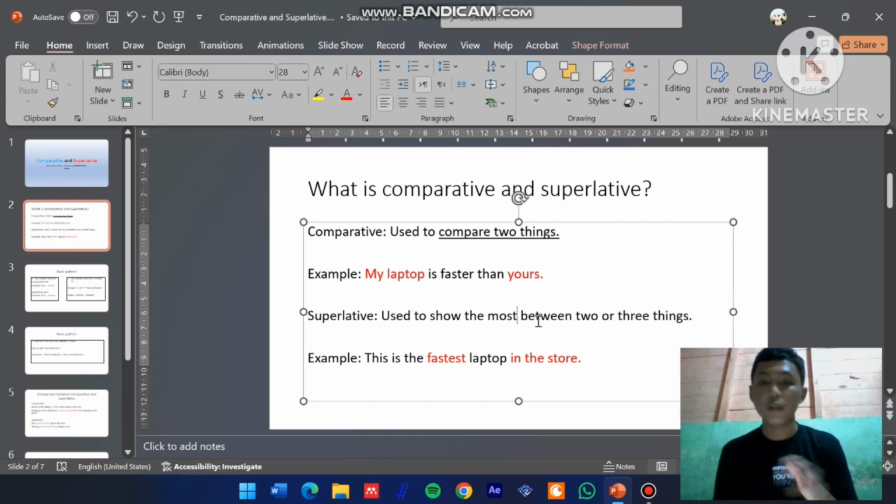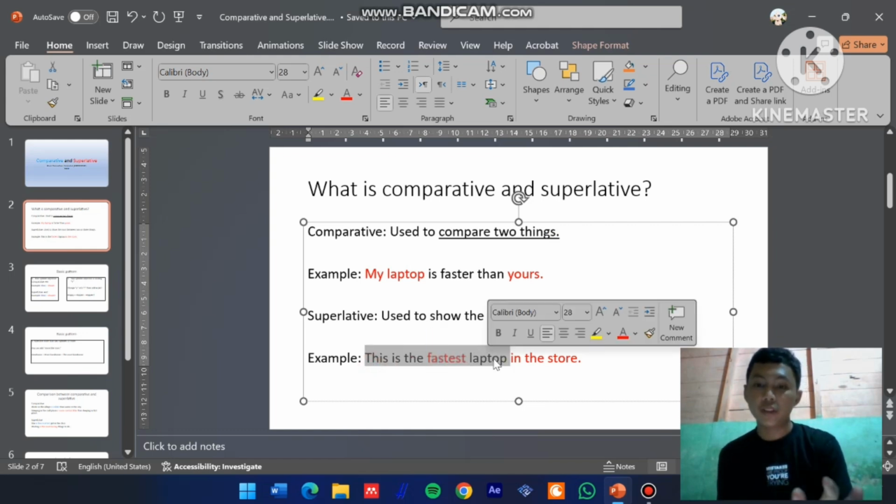So this is different from comparative. To make you understand, let's see the example. This is the fastest laptop in the store. In here we compare one laptop, the fastest laptop in the store, with all of the laptops that are available in the store. So let me clarify again. We use comparative to compare two things, and we use superlative to compare three things or more.